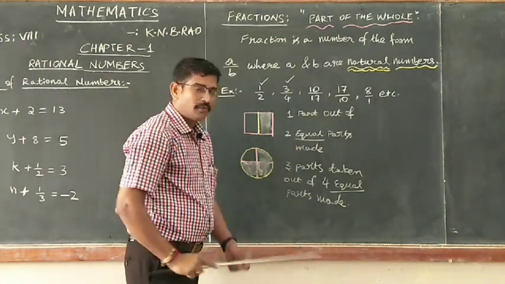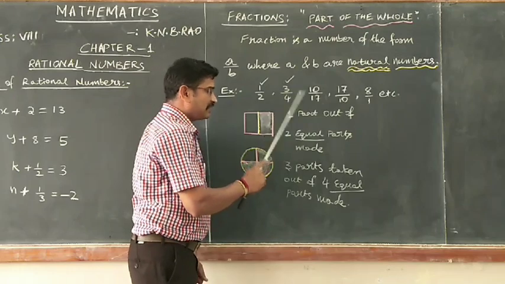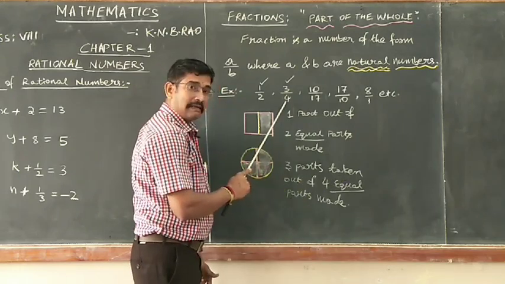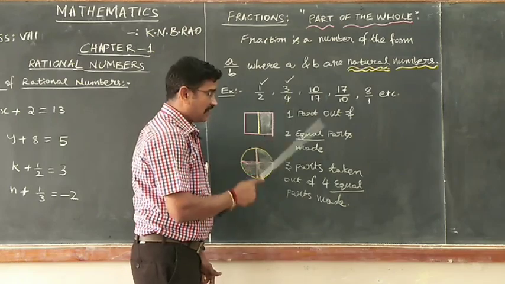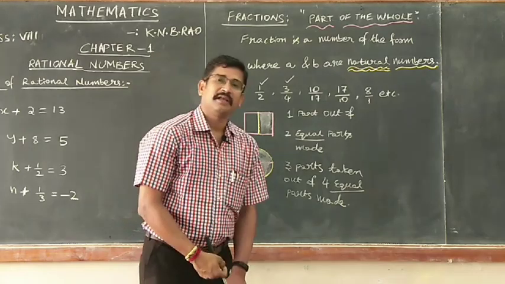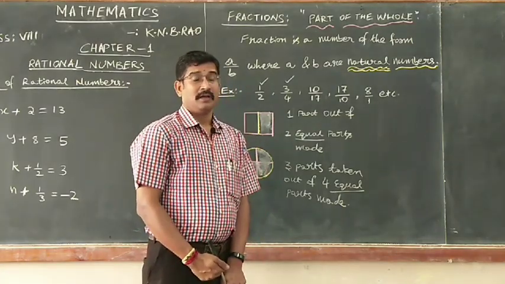Once again, the numerator of a fraction tells how many parts are taken, and the denominator tells us how many equal parts are made in that whole. This is the meaning of a fraction.